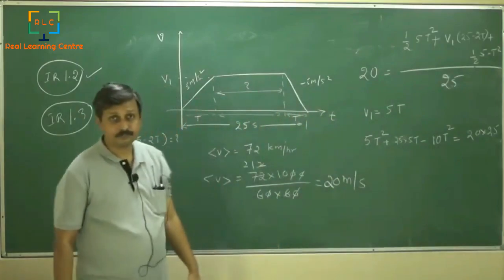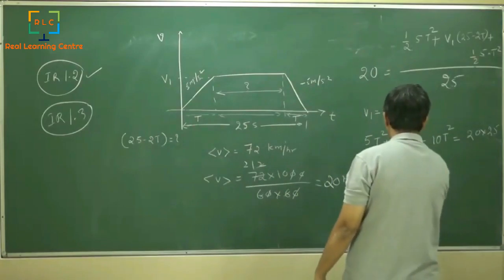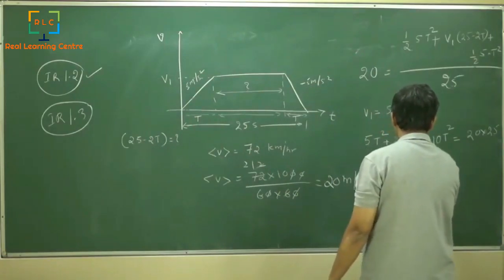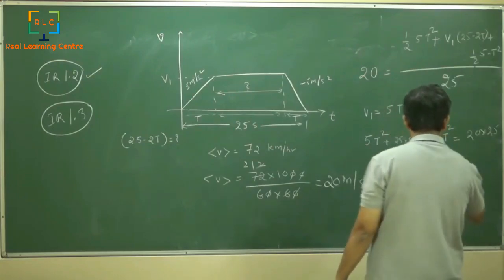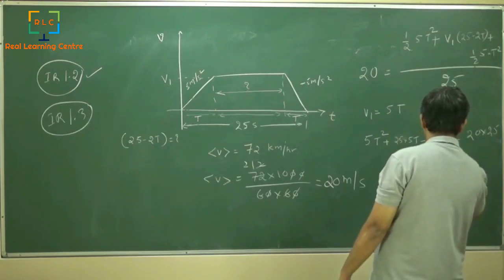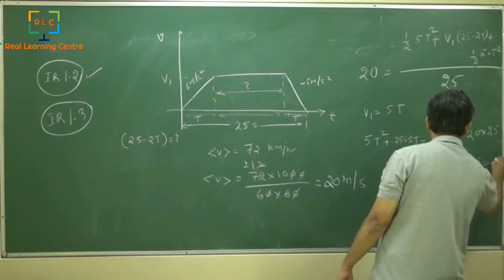Okay. So this is nothing but 5t square minus 25 into 5t into t. Okay. Plus 20 into 25 is equal to 0.